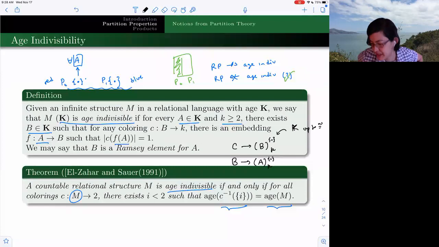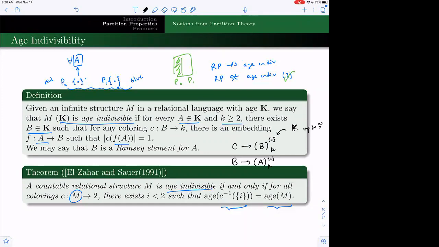Yeah, why? Right, because of these persistent partitions in the work of Sauer and co-authors, maybe there's something there. And recently there's been work by Andy Zucker that proved that having finite Ramsey degrees is equivalent to having a precompact Ramsey expansion. So maybe there could be an analog result in the age indivisibility sense, but that's just a wild guess. I have no intuition as to whether or not that's true.